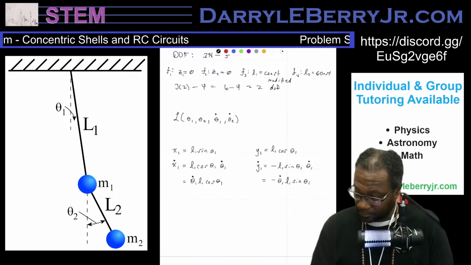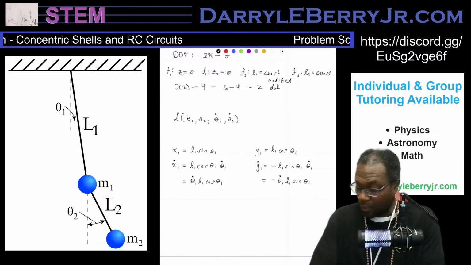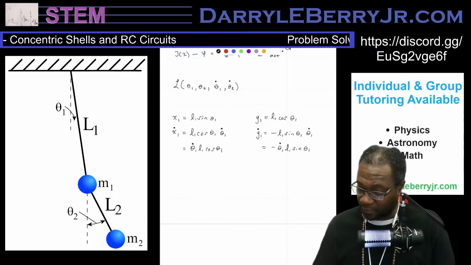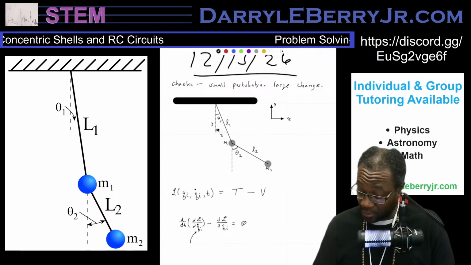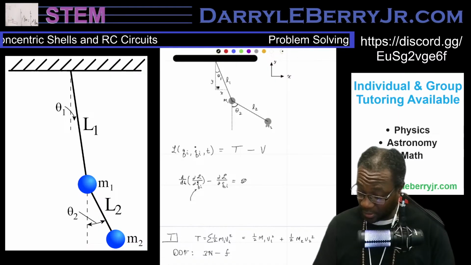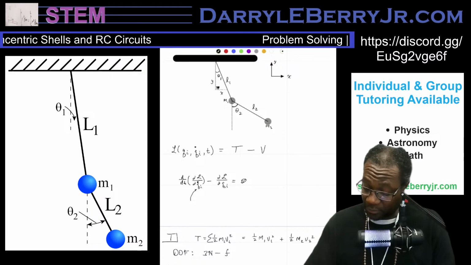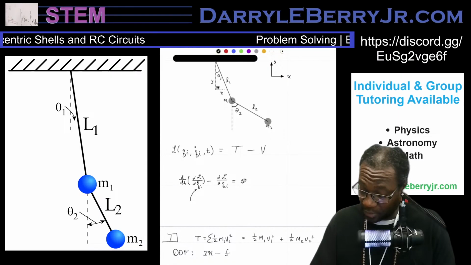Same thing with that one. So now we have our derivatives of our two x components. Now we need to get the y component. Now it gets a bit more complicated with the y.